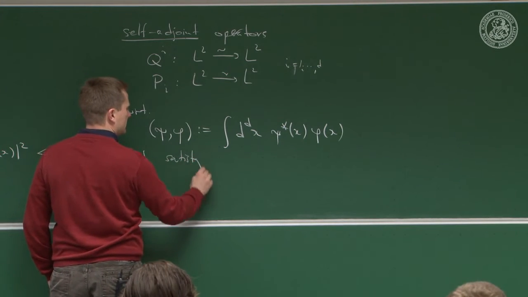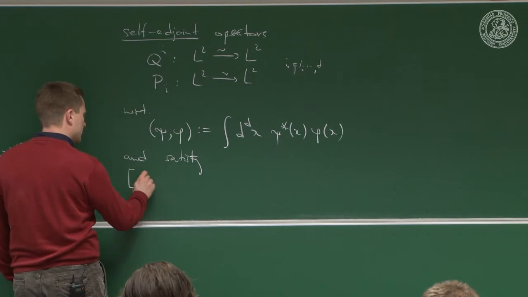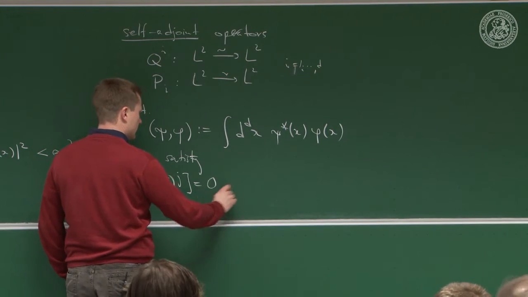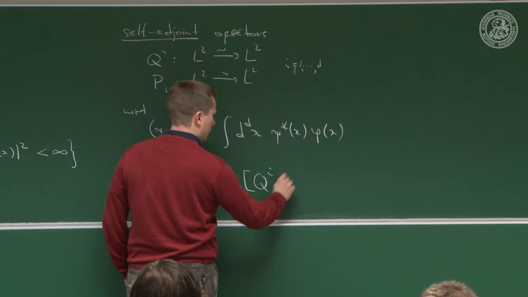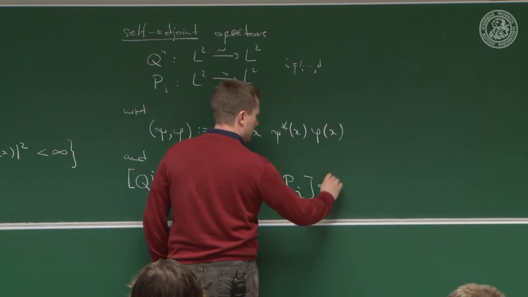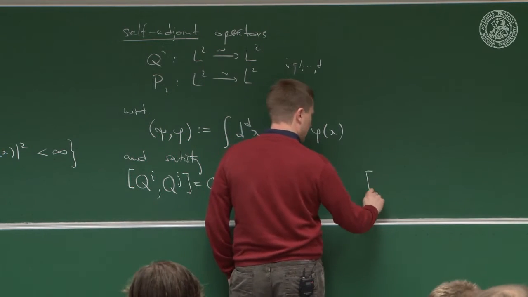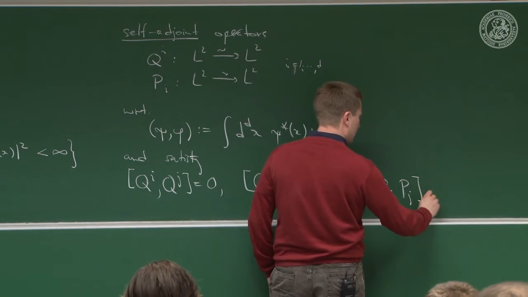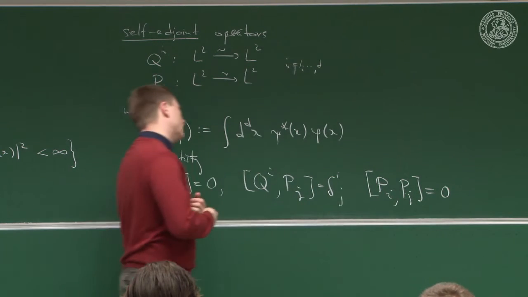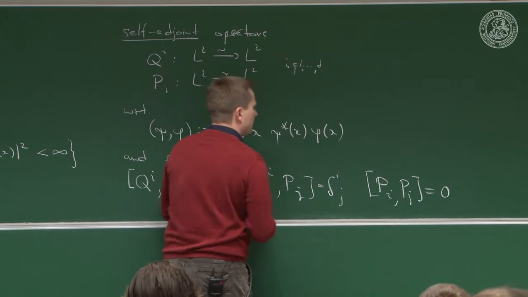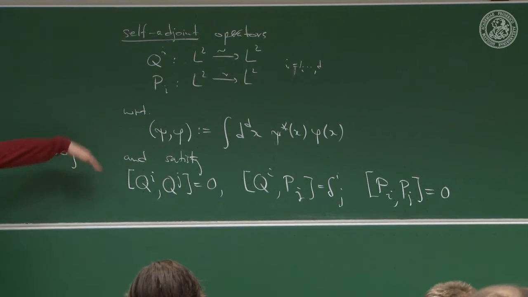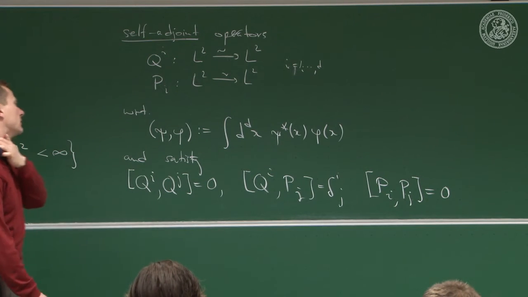They're also supposed to satisfy the commutation relations that the commutator of Qi, Qj is 0, the commutator of Qi, Pj is delta ij, and Pi, Pj again ought to be 0. And here you may insert h bar, but let's say h bar is 1. So this is certainly the standard folklore of what you want to do.